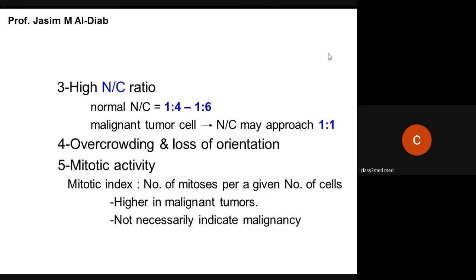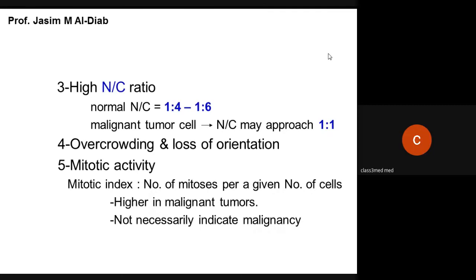So generally, we define mitotic index as the number of mitotic figures per a given number of cells. We cannot specify it now. However, a high mitotic index does not necessarily indicate malignancy.